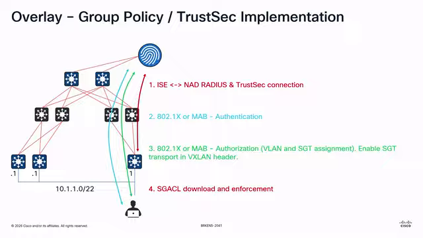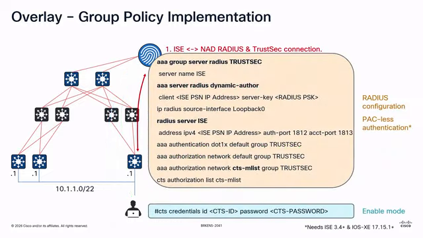Then we need to enable .1x MAB on the switch itself and configure the respective policy in ISE to assign VLAN and SGT. And then last but not least, the switch needs to be able to download the security group access lists and enable the enforcement for those. So let's look at it in detail.